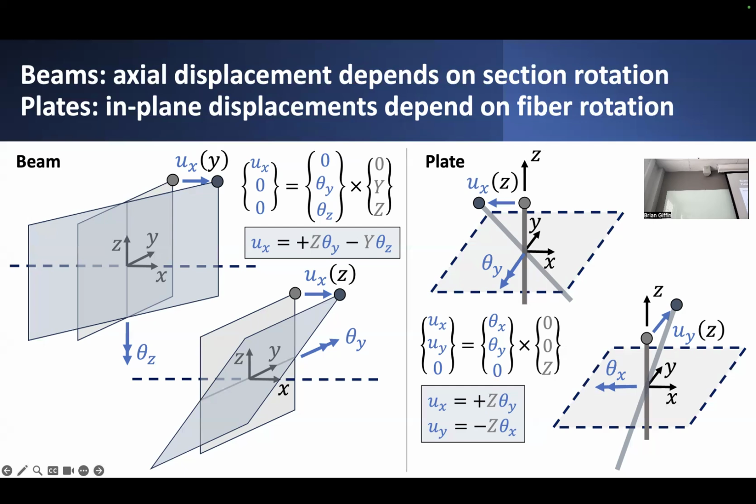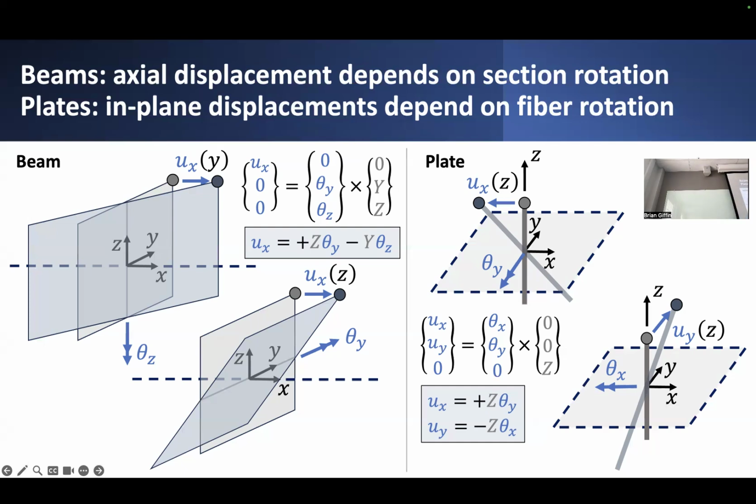So if I'm looking at this particular fiber and I'm saying all it can do is rotate, I can rotate this fiber about the y-axis, I can rotate it about the x-axis, and it'll change orientation appropriately, or it might do both at the same time.